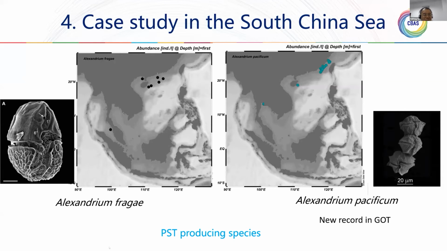We found that Alexandrium fragae was originally described from Brazil, and it has never been reported in the South China Sea before. And Alexandrium pacificum was previously only reported in the South China Sea, but not in the Gulf of Thailand.